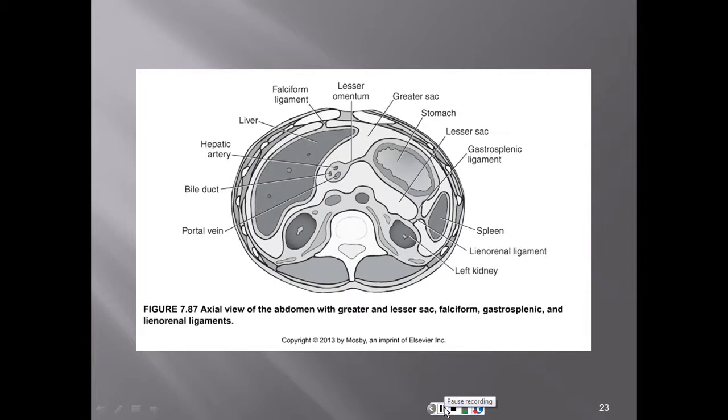The spleen is attached to the greater curvature of the stomach and the left kidney by the gastrosplenic and lienorenal ligaments, respectively. The spleen is a highly vascular organ that functions to produce white blood cells, filter abnormal blood cells from the blood, store iron from red blood cells, and initiate the immune response.